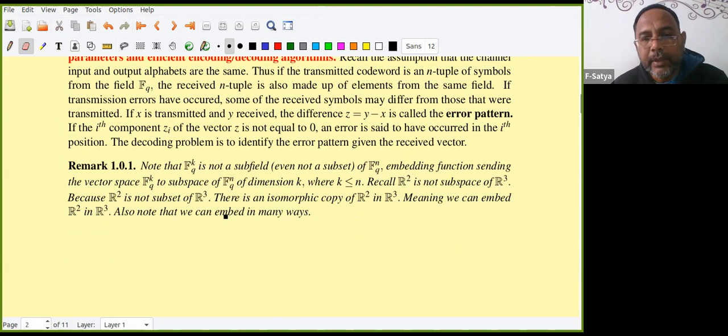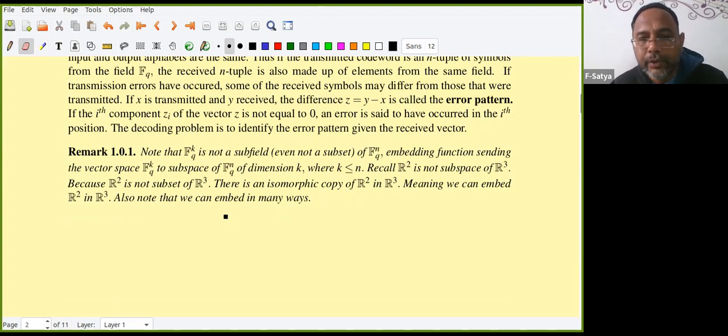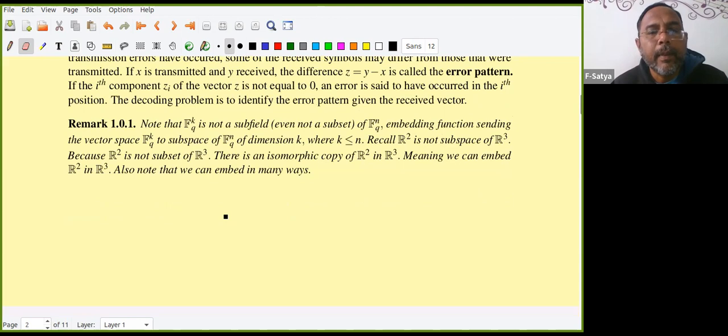If X is transmitted and Y is received, then the difference Z equals Y minus X, which is the error pattern, right? If the ith component Z_i of the vector Z is not equal to 0, then an error is said to occur in the ith position. The decoding problem is to identify the error pattern given the received vector.